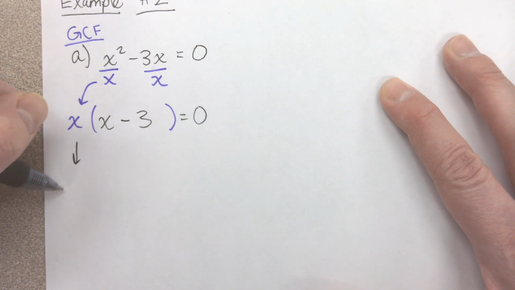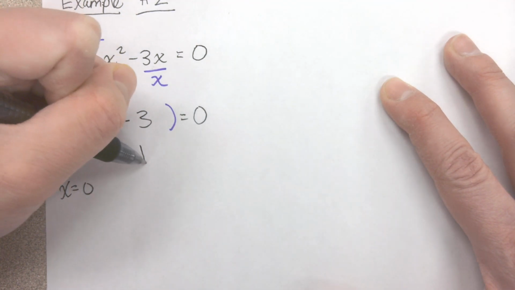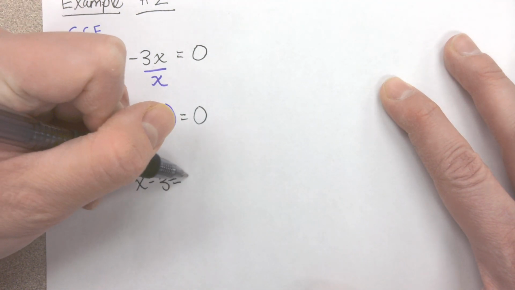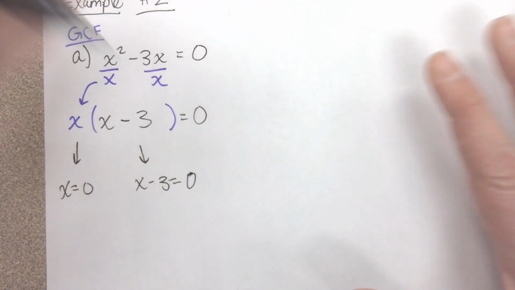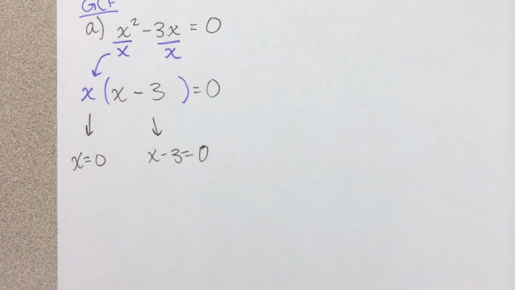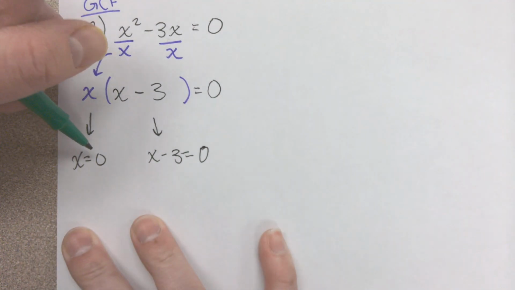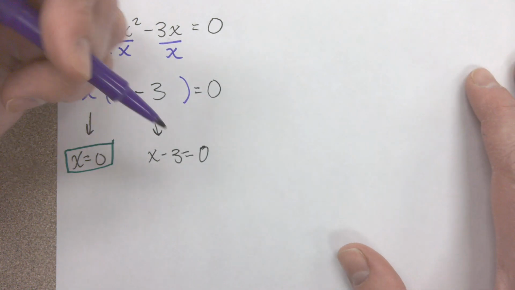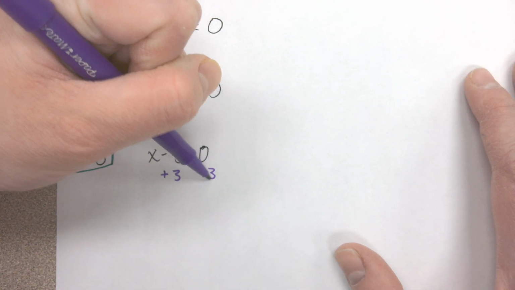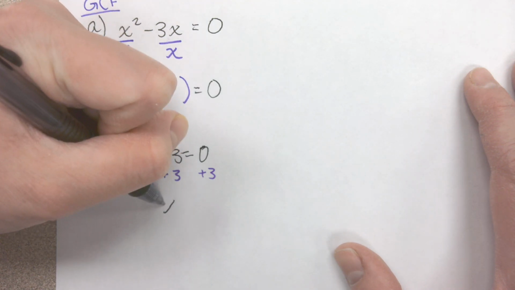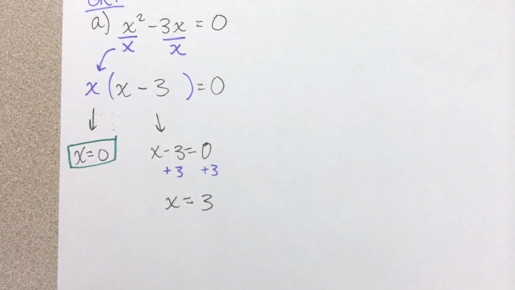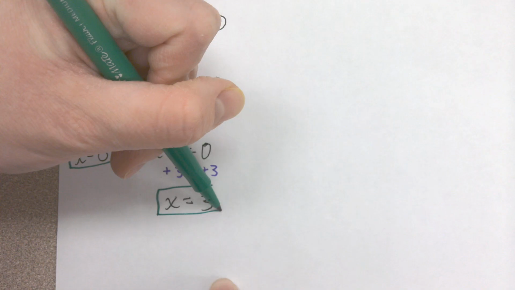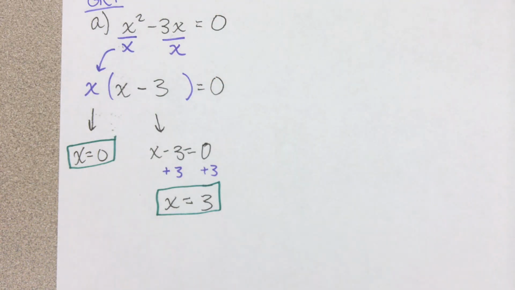Split them up. X equals 0 is already solved. There's nothing else to do here, so I'll box it. X minus 3, we just add 3 to both sides. X is 3. You can box them separately, or you can make a comma separated list. Put them as one answer. Either is correct.